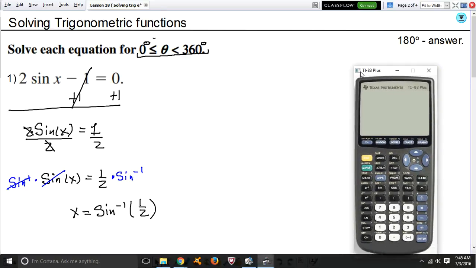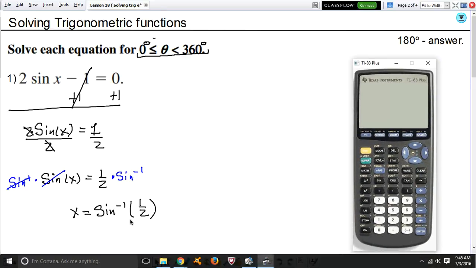Now we're going to use our calculator to find the exact representation for that expression. The inverse of sine of 1/2. When you're using your calculator, make sure it's in degree mode. So let's check that. Mode, move it to degree. So we got degree.